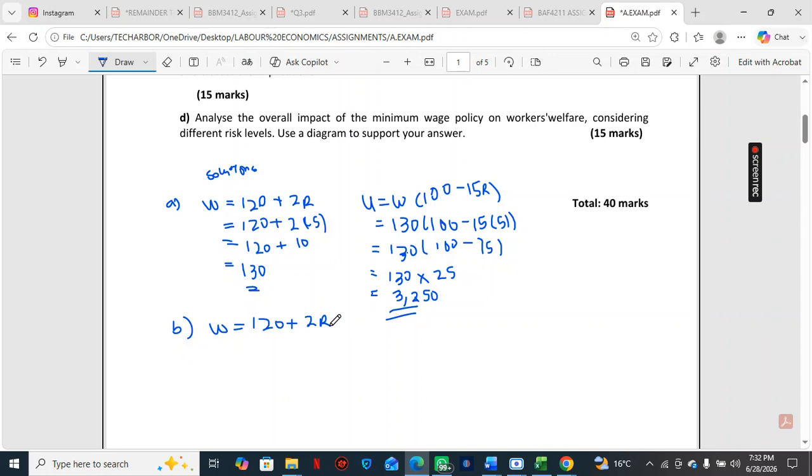So we're going to see 120 plus 2 multiplied by R. R is 8, right? So 120 plus 16.